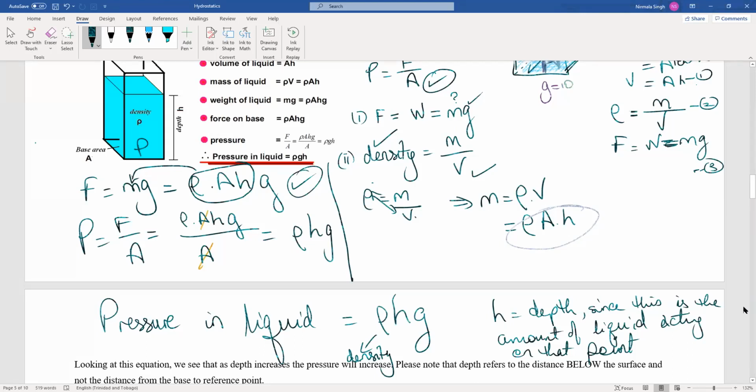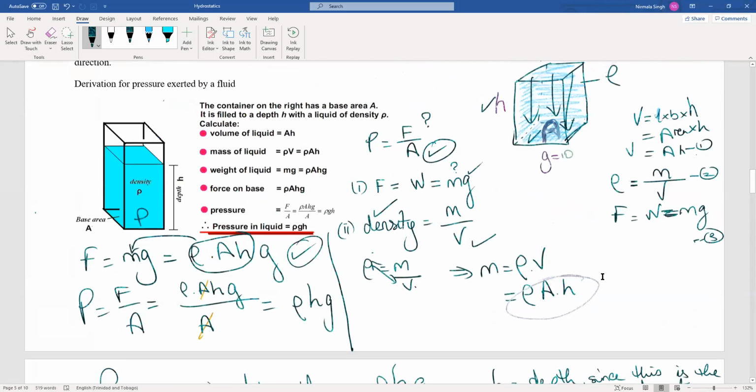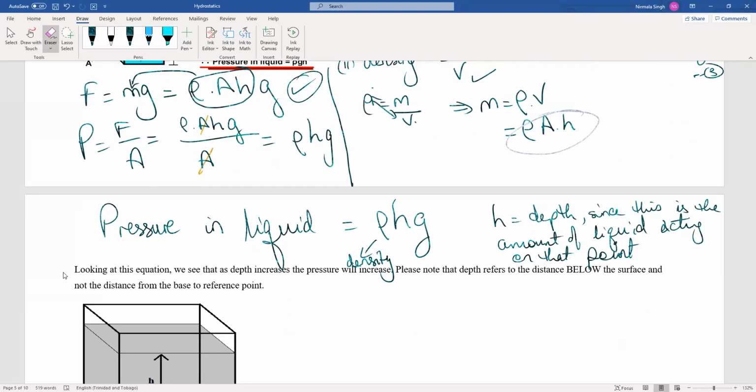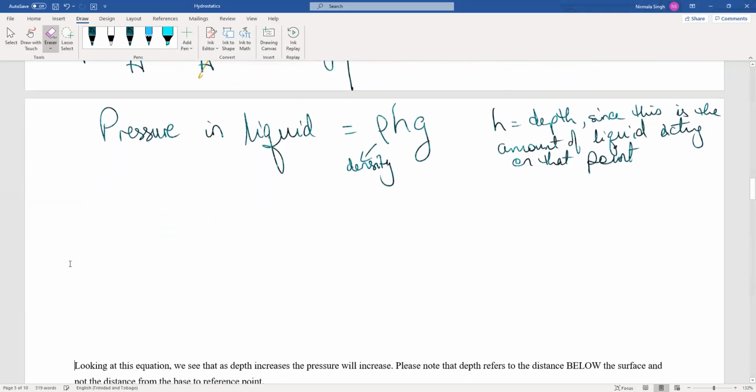So what I would do with you is go through this proof all over very simply and see if you all can grasp it really quickly. It doesn't take more than a minute to do once you've had the explanation. So let's do this one more time and see what we get.